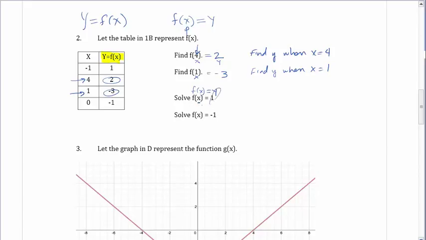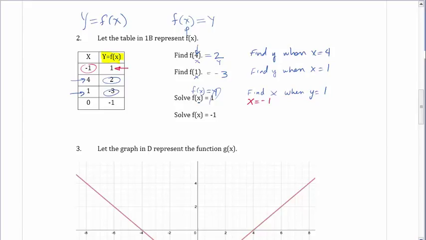So when it says solve f of x equals 1, they're asking you to then find x when y equals 1. So you're given a different coordinate. So if I want to find x when y equals 1, I notice that y equals 1 right here, and the x value that goes with it is negative 1. So I would write x equals negative 1 for the solution to that one.